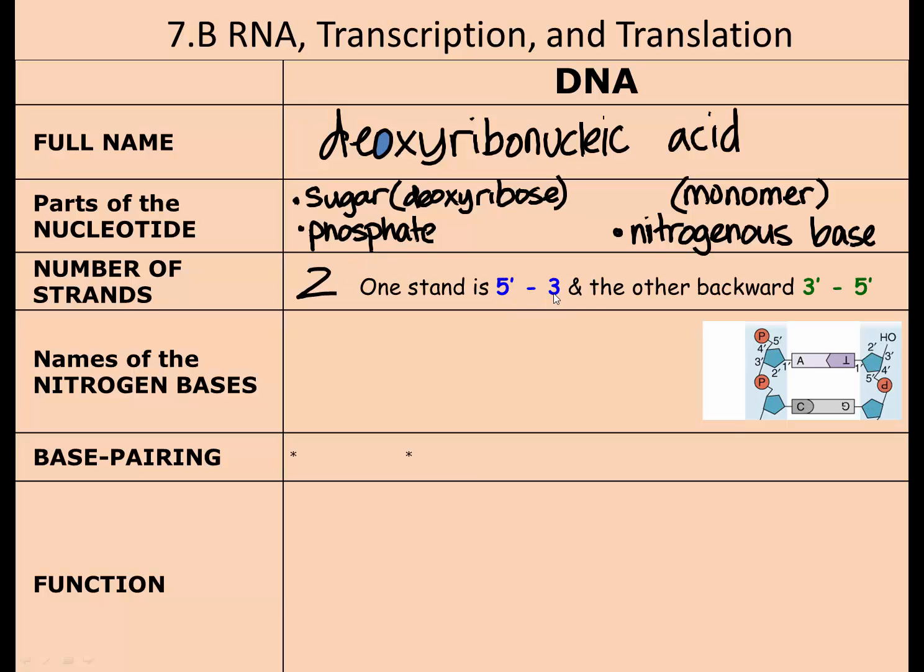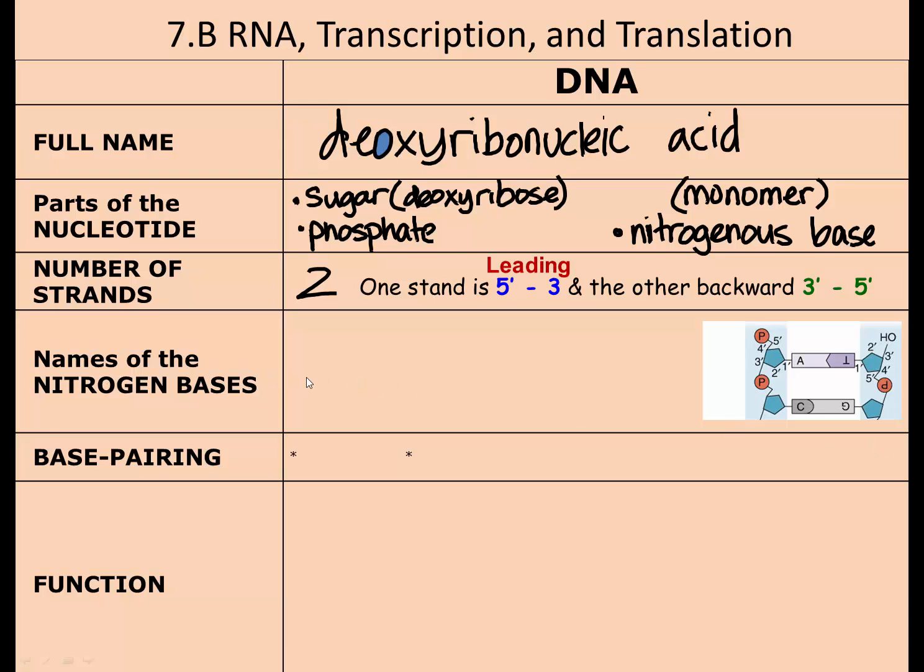We have the 5'3', the normal one, and we have the backward one, which is the 3'5'. And again, that has to do with the position of the 3 and 5 sugar. If you have a 5 sugar at the top, then on this side we would have the 3 at the top because it's close to the phosphate, and the 5 on this side. So we have a 5'3', and we have a 3'5'.